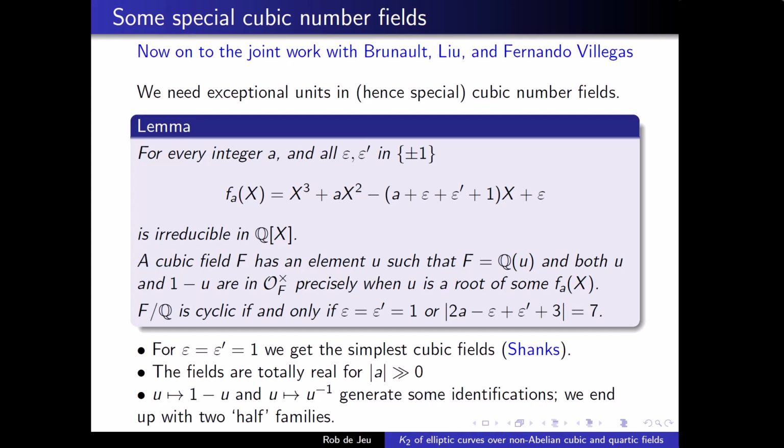There are some identifications because, of course, if u is a unit, u inverse is a unit, so you actually get the standard copy of S3 acting on Q minus 3 points, acting on the 4 families. So the one that is cyclic has a symmetry for a versus 1 minus a or thereabout. And the other 3 get identified and also folded, so you get 2 half families that are really independent.